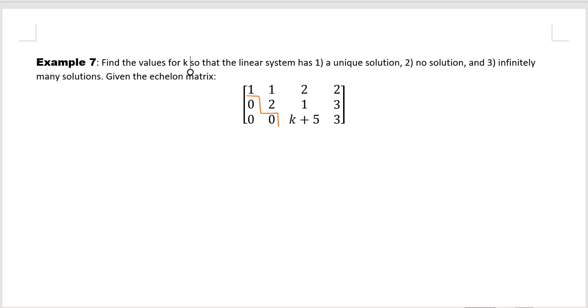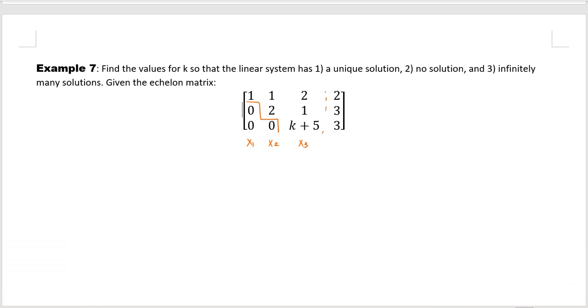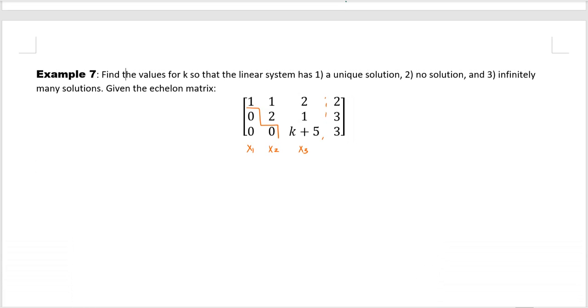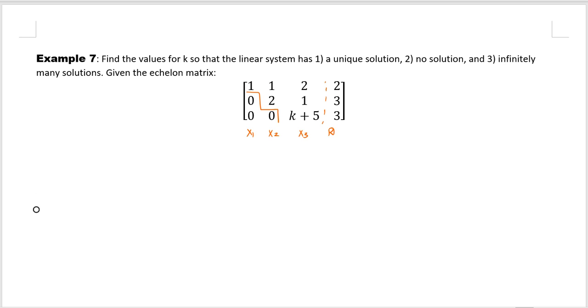So remember the first column corresponds to the coefficient of x1, second column x2, third column x3, and then the last column is the right hand side. Alright, and then let's look at the last row. So the last row tells us that k plus 5 times x3 equals 3.